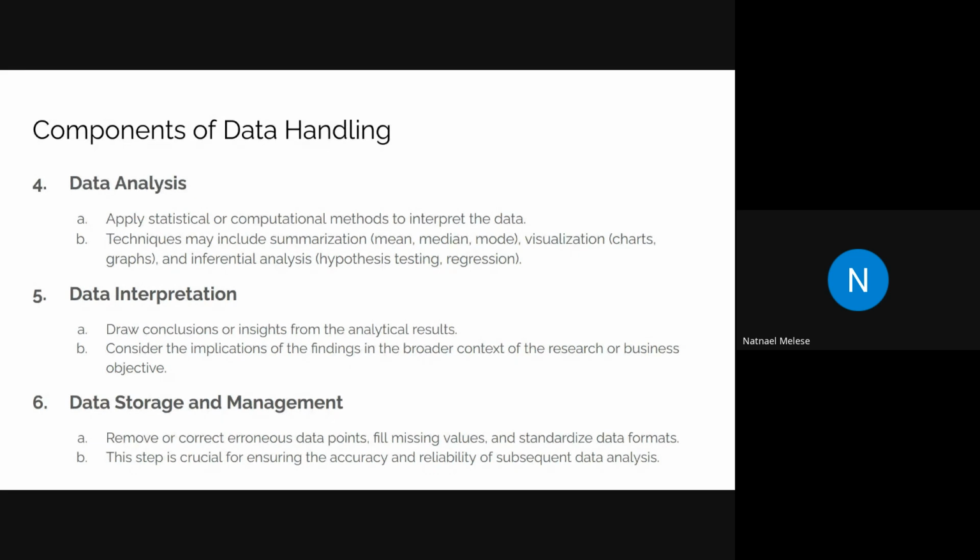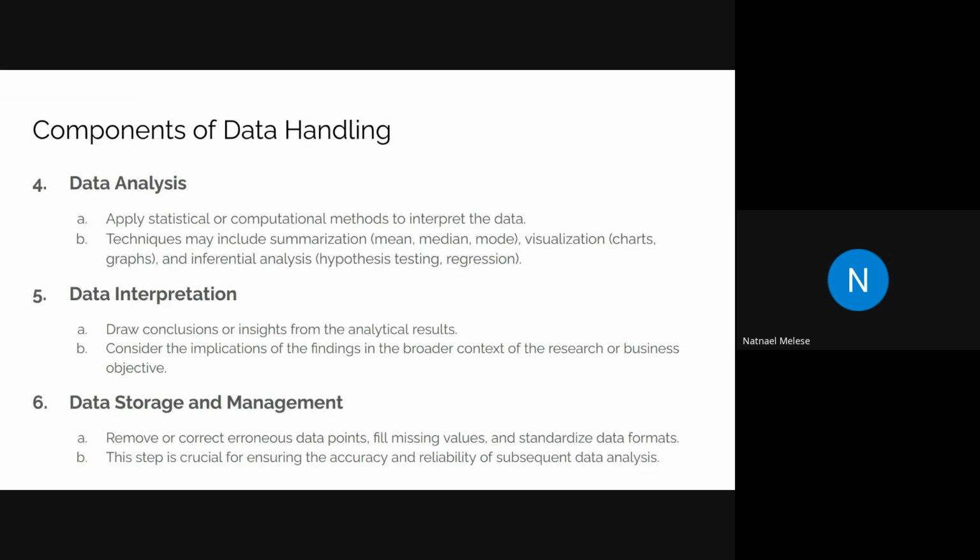So we draw conclusions based on our insights, and after that we consider those findings in a broader context. As I've said, we don't just depend on the data, but we interpret it in a much different way. The next step is data storage and management.